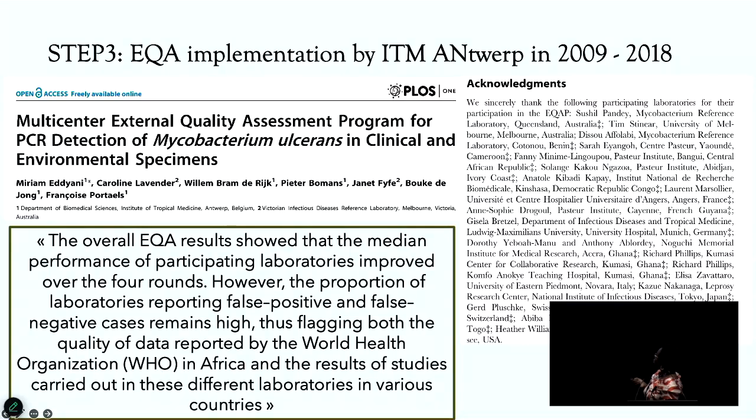However, the proportion of laboratories reporting false positive and false negative cases remains high, thus flagging both the quality of data reported by the WHO in Africa and the results of studies carried out in these different laboratories in various countries.